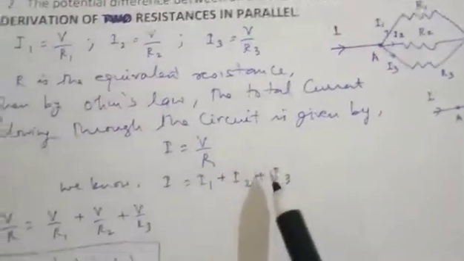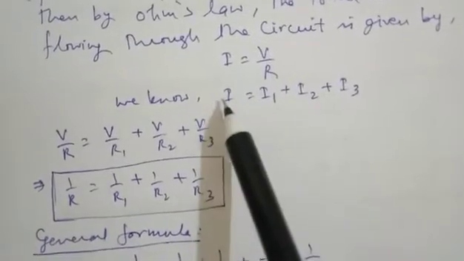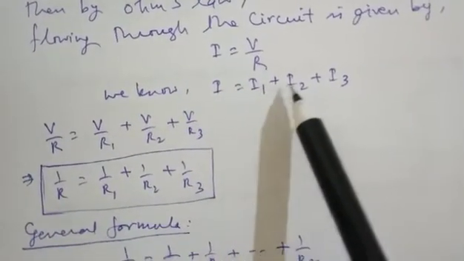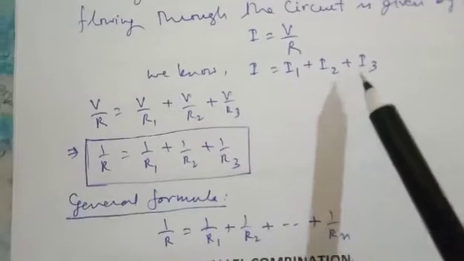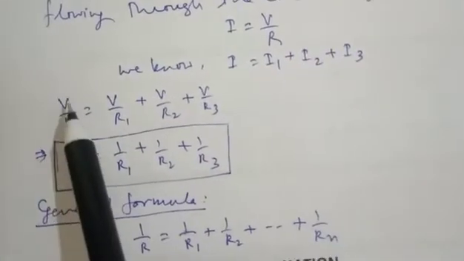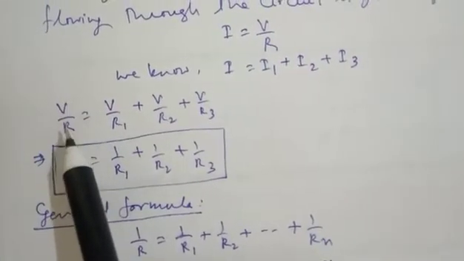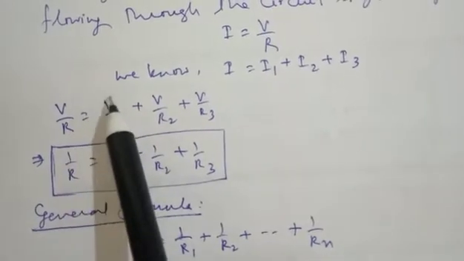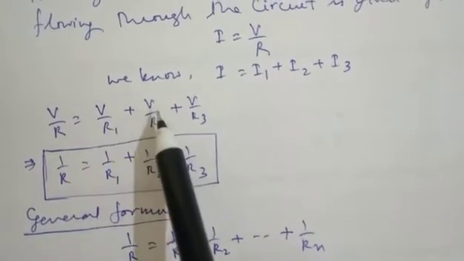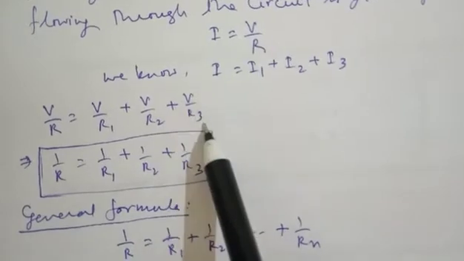So we are now going to put in the values of I1, I2 and I3, and on that basis we get V by R is equal to V by R1 plus V by R2 plus V by R3.